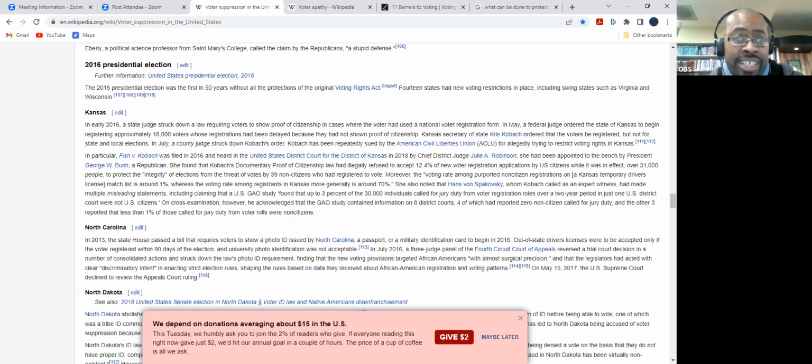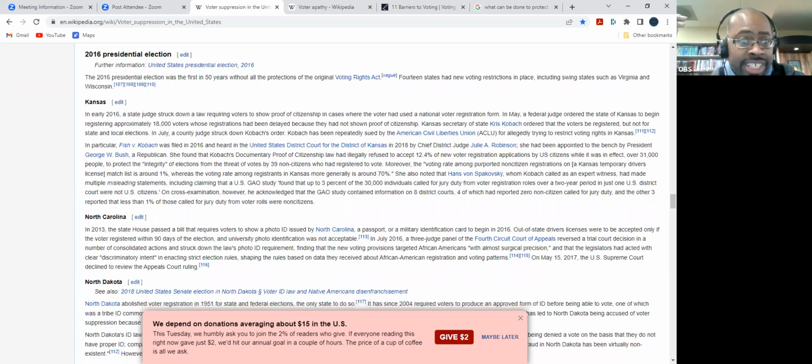Chris Kobach, who at that time was the Secretary of State for Kansas, had been repeatedly sued by the ACLU for allegedly trying to restrict voting rights in Kansas. So we had a couple of cases of similar things that took place in Kansas in 2016, and then again in 2018.